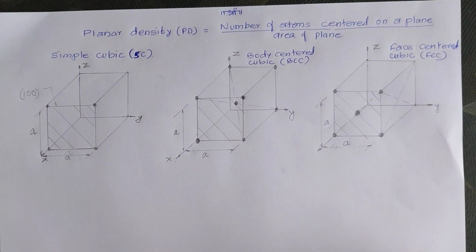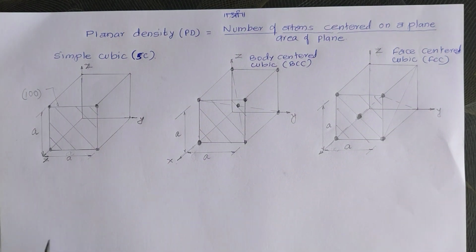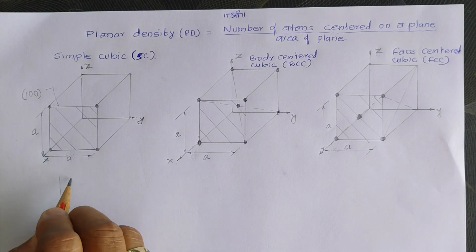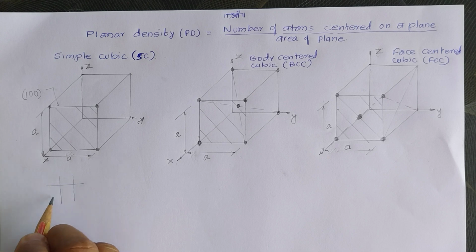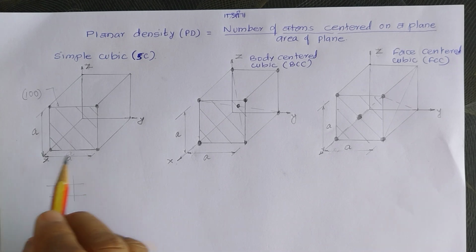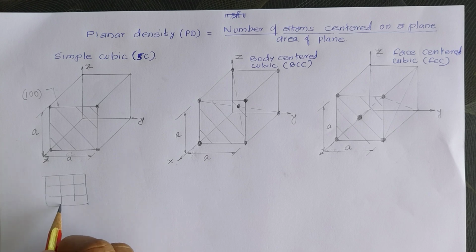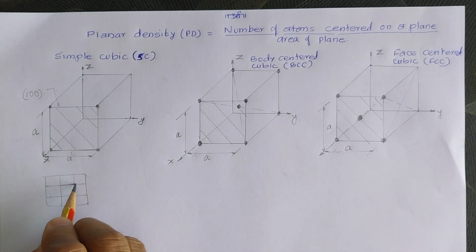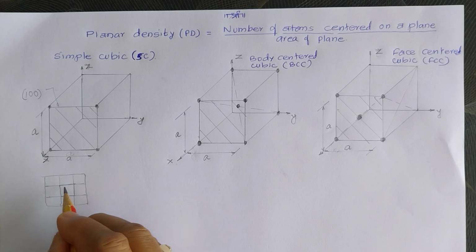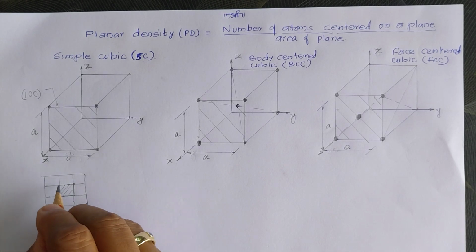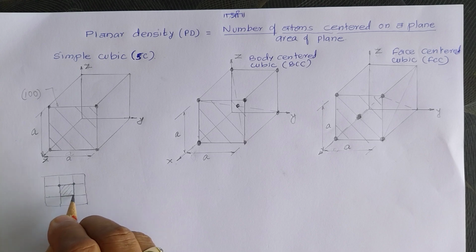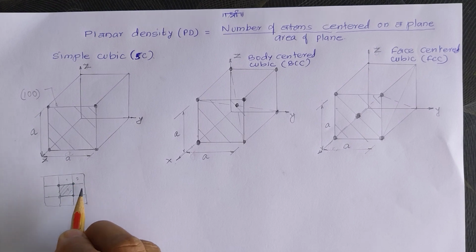Now, if we were to consider the 100 planes for a unit cell, one would realize that in a unit cell we have a square of side A by A, and surrounding that unit cell would be squares also of side A and A. So if we focus on this particular unit cell plane, which is the 100 plane, the atoms that are centered at the corners, for example the top right, is actually shared by squares 1, 2, 3 and 4.